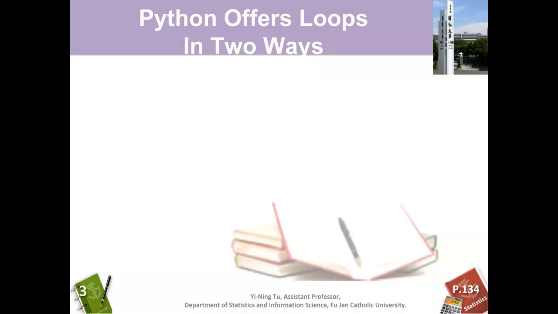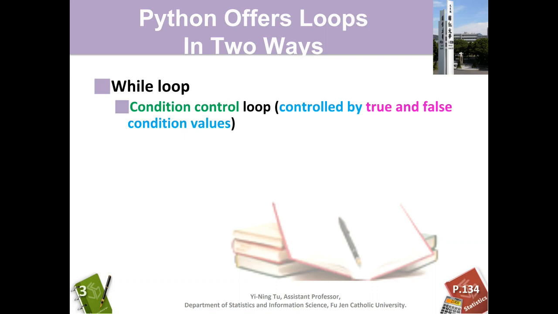So Python offers loops in two ways, actually two methods. We have already demonstrated one, which is the while loop. The while loop uses a conditional control loop. It's controlled by true and false condition values. It means we will have a condition expression and the computer will check whether the condition value is true or false.